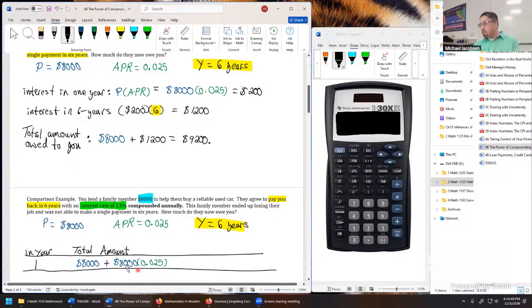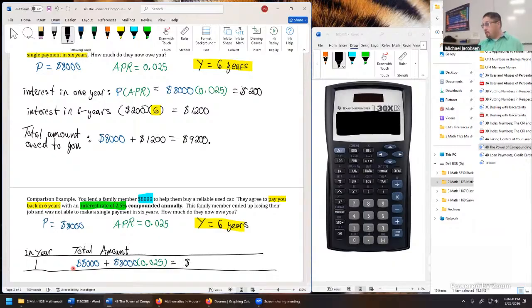For the total amount, this part I accidentally wrote first is the interest. It's going to look better if I put that principal first. And we already know what this is going to come out as. The interest part is $200. We're adding to the original principal, so we're getting $8,200 altogether after the first year has gone by.